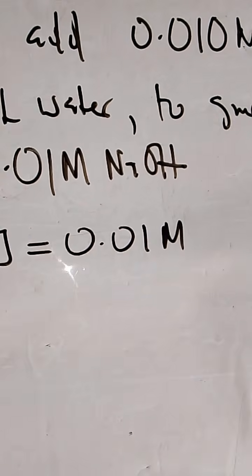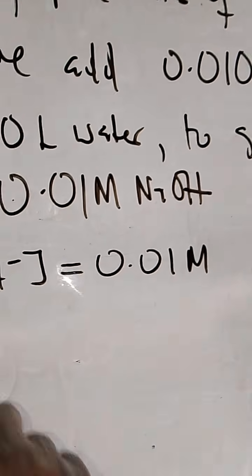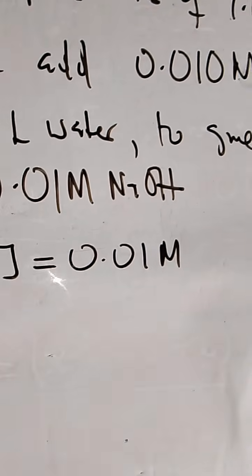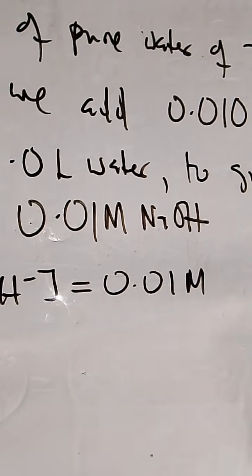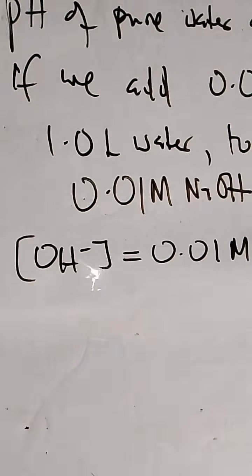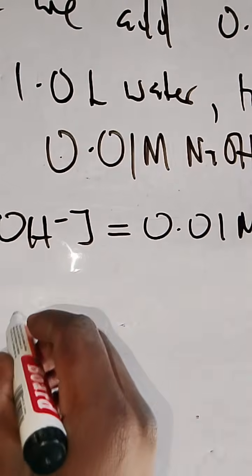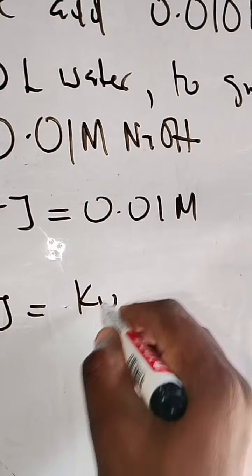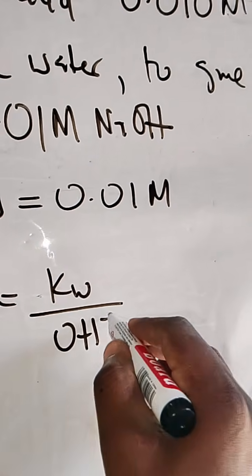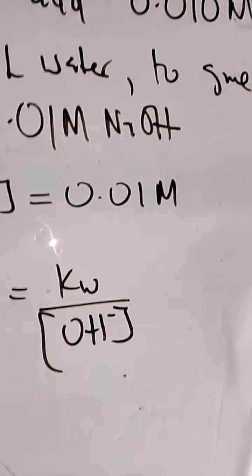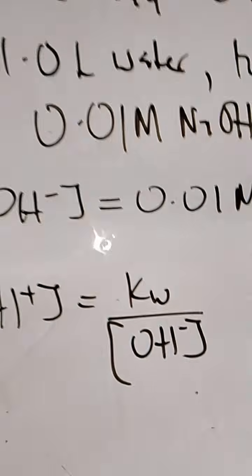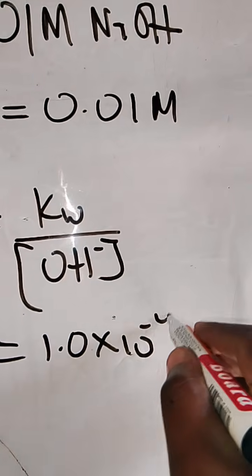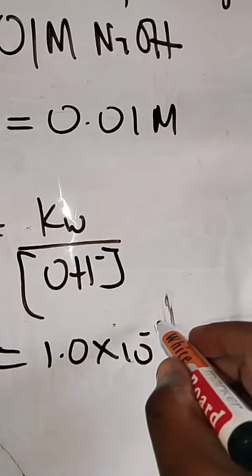If we know the concentration of OH, then we can find the concentration of hydrogen ion using the equation: hydrogen ion is equal to Kw over hydroxide ion. Kw, the water dissociation constant, has a value of 1.0 times 10 to the power negative 14.